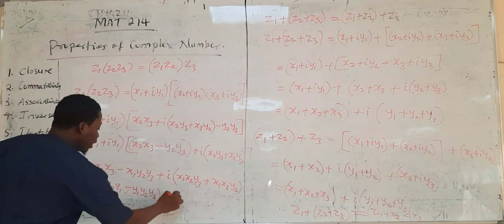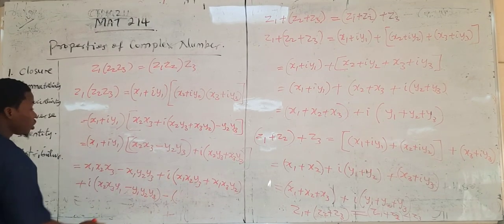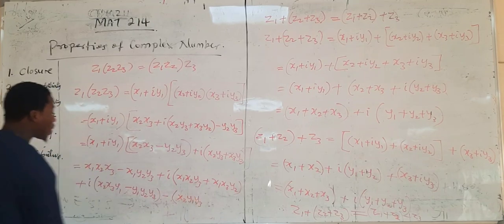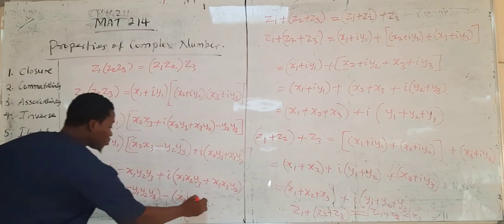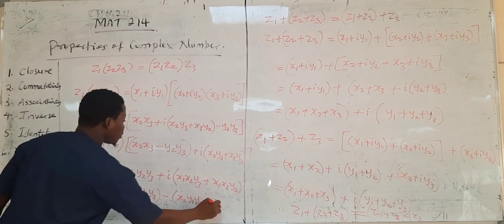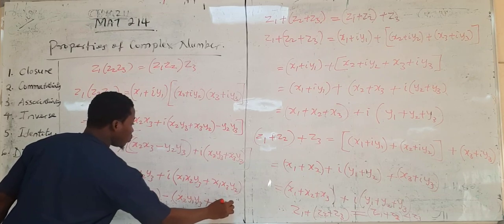Then open brackets, this now: y1, that is x2, y1, y3 plus x3, y1, y2.